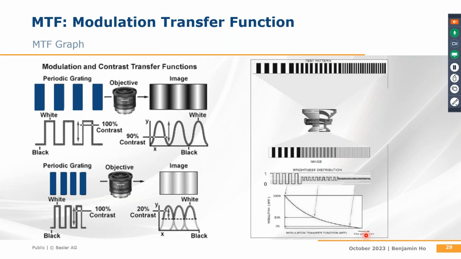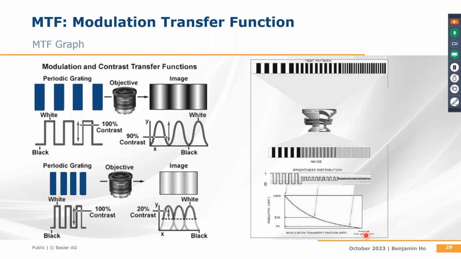One line pair per millimeter means one pair of black and white stripes within 1 mm, indicating a stripe spacing of 0.5 mm. Similarly, 10 LP per mm means 10 pairs of black and white stripes within 1 mm, and each stripe has a spacing of 0.05 mm.